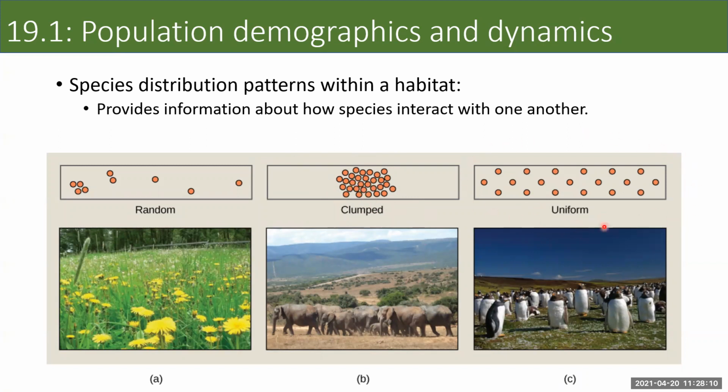Uniform kind of indicates a different interesting relationship. Uniform, you can think of like your almond orchards and that sort of thing. It's how you uniformly have them planted across the landscape. Now with uniform, you kind of see this in plants where they'll have chemicals that their roots will release.